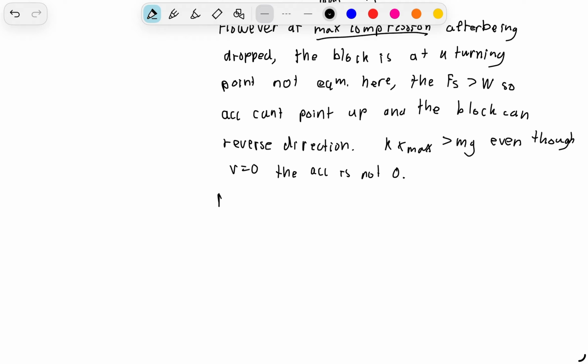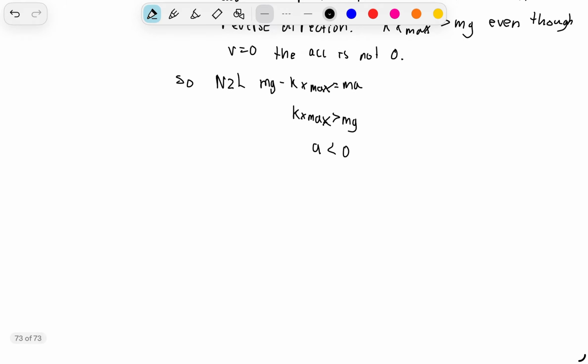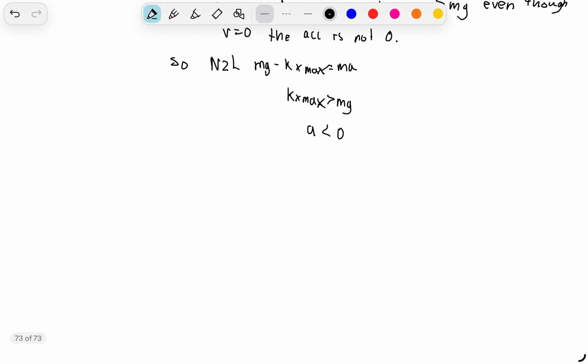So if we go back to Newton's second law, we know that we have mg minus k x max is equal to m times acceleration. So then we know that k x max is greater than mg, so a is less than 0. So a is not equal to 0. It still can be negative or it can be positive.